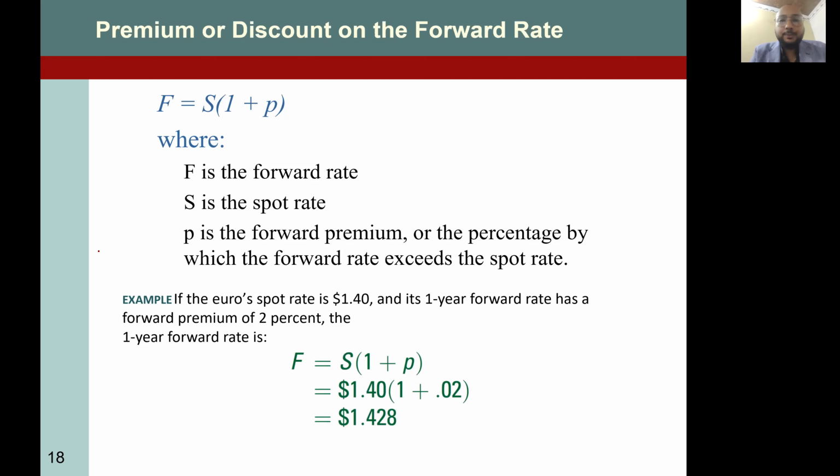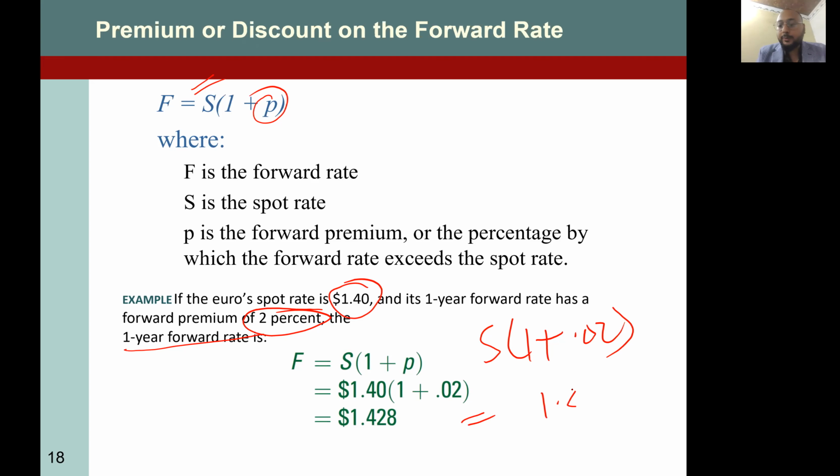So we also find out what we mean by forward premium and forward discount. Remember, forward is equal to spot rate times 1 plus P, the premium. So how can we use this formula here? If the euro spot rate is 1.40 and its one year forward rate has a 2% premium, it means the 1 year forward is going to be the spot rate times 1 plus 0.02.